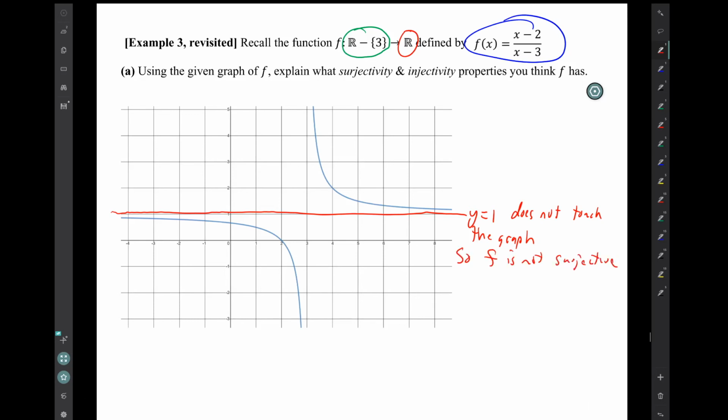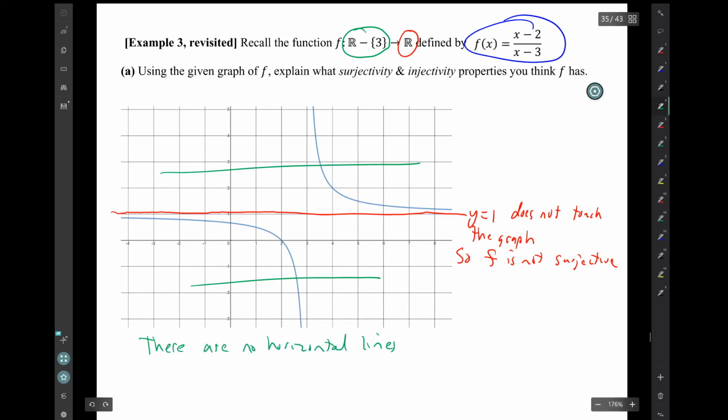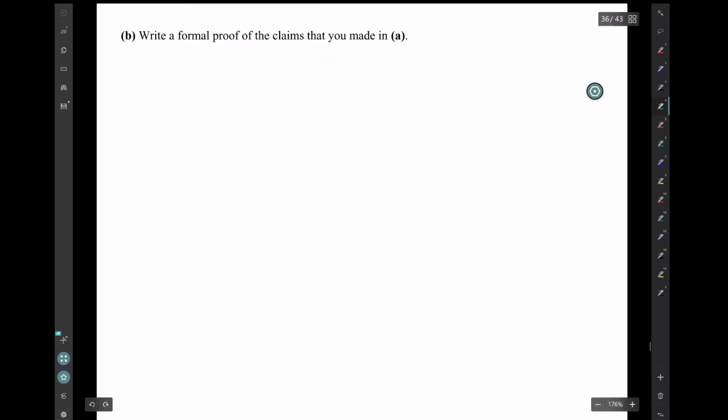What about injectivity? Well, notice that there are no horizontal lines that touch the graph more than once. So we've passed the horizontal line test for injectivity. So f is injective. But now how do we prove this?